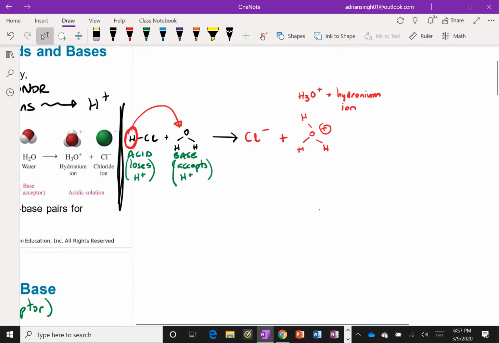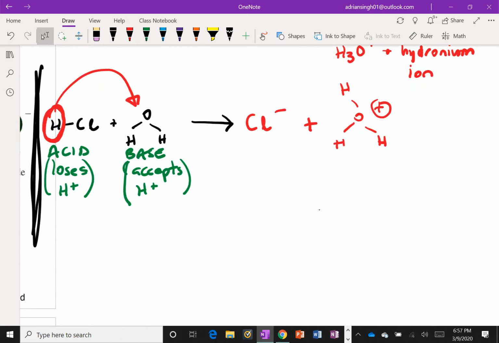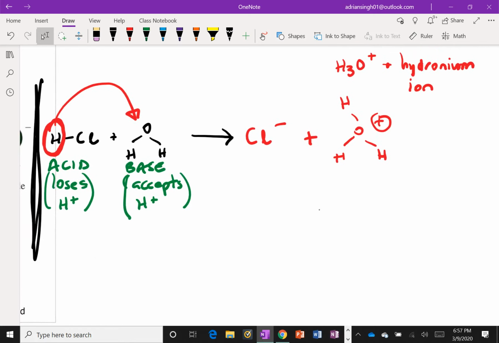The H pluses don't just disappear into the ether. That doesn't happen, and it has to go somewhere. And whatever thing takes it up, that's the base. So in a reaction, once you've identified something is losing it, the other thing next to it has to pick it up, has to be the base.